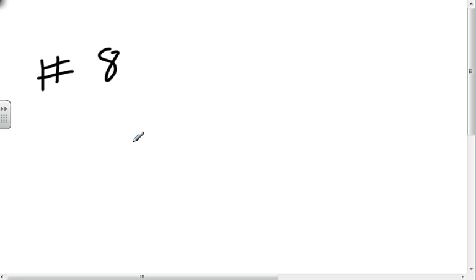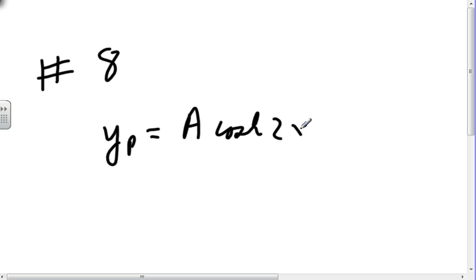We look at 8. Now I'm going to find the particular solution. So y sub p is going to be in the form a hyperbolic cosine 2x plus b hyperbolic sine 2x.